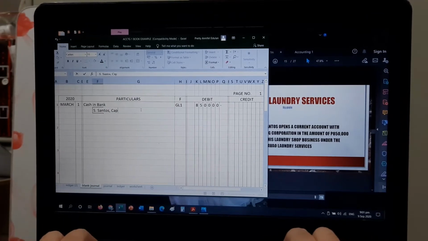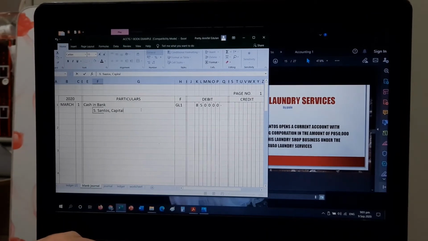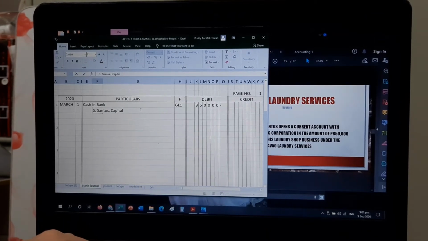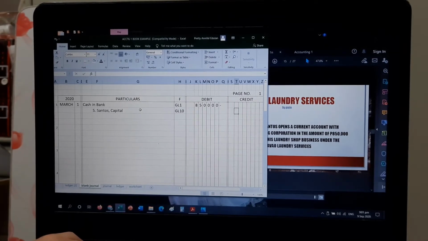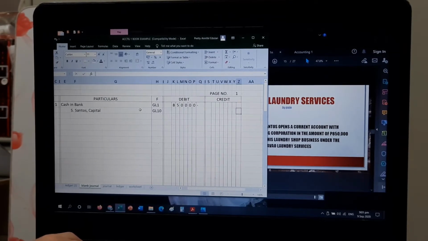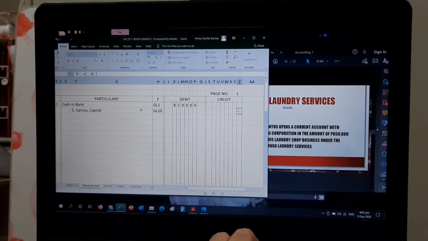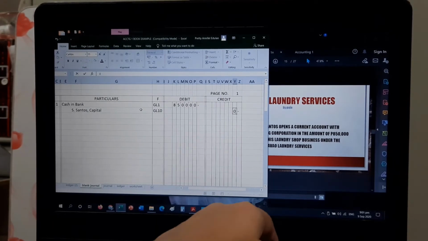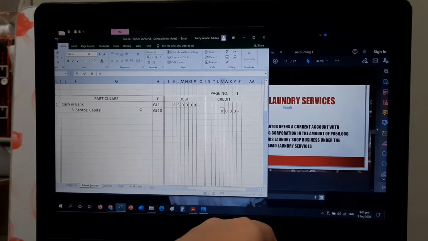So you must be consistent with your chart of accounts. If you have used Santos Capital, use that. But if in your chart of accounts you use S. Santos Capital, so again you must be consistent. So for the centavos, the ones, tens, hundreds, thousands.